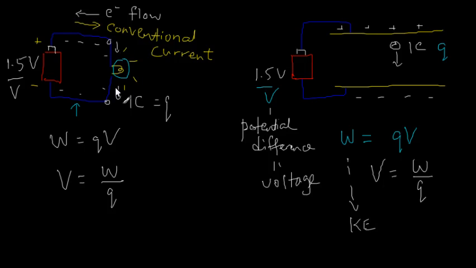So the work done is the work done to overcome this resistance. Okay, and as a result, it's like overcoming friction. As a result, it generates heat and light. So in this case, the work done gives us heat and light instead of kinetic energy. Okay, so there is this difference, but the way of thinking about potential and the way of calculating the work done is the same.